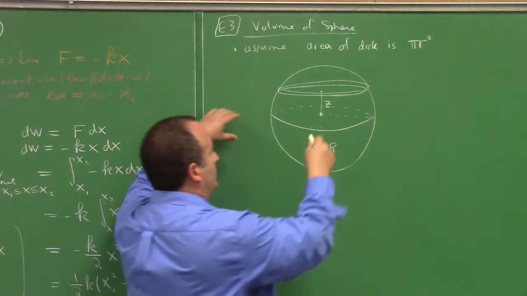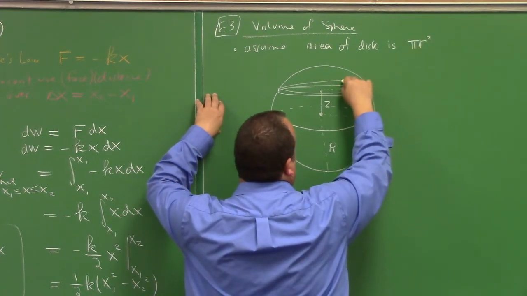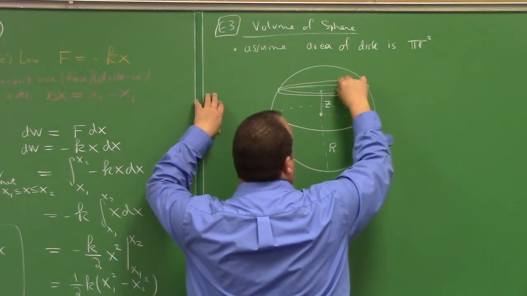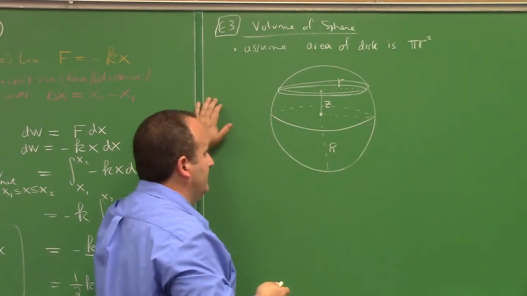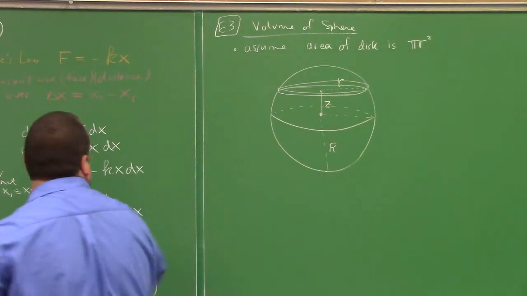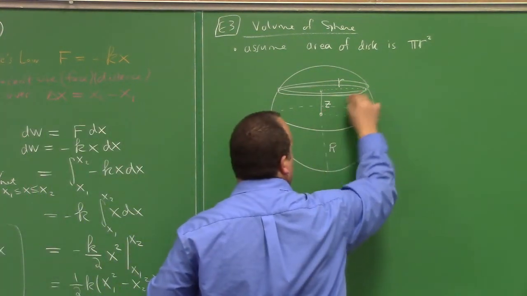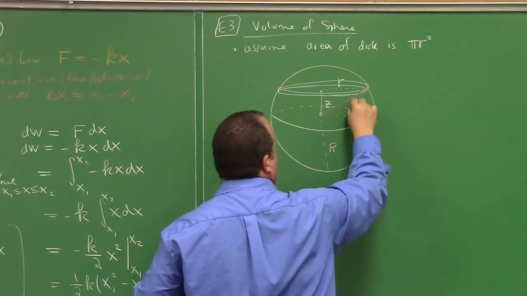So the radius of this disk here, I'm going to call little r, right? What is this distance here from the center of the sphere out to this point? That is also big R, right?